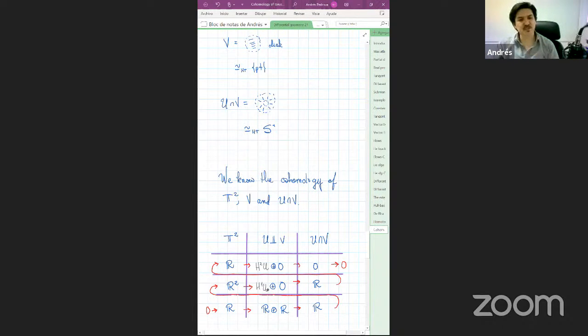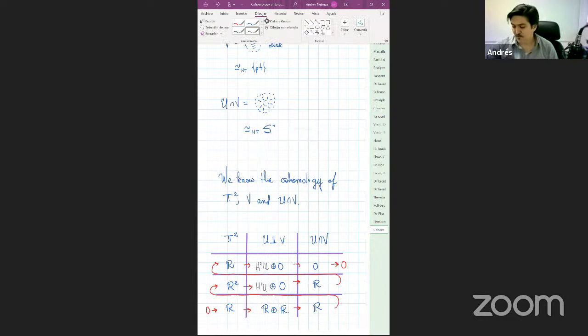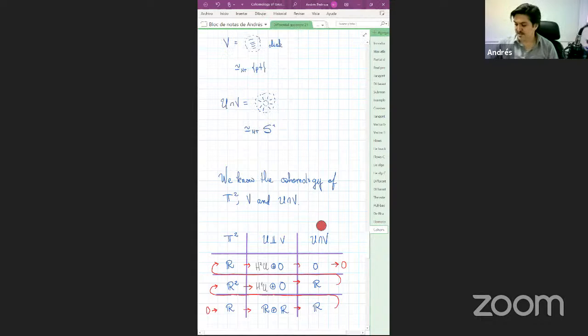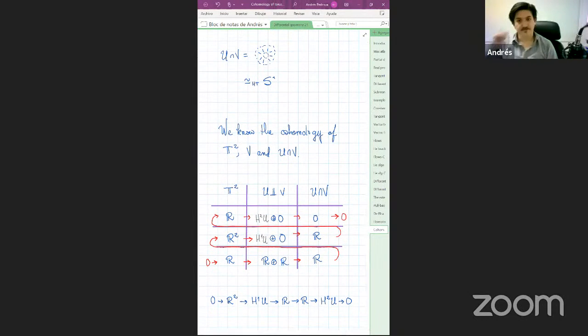Again, because U is connected, I have R. Also here, we can simplify our exact sequence because U intersection V is connected, so I can start from here. And that's the exact sequence that I have here.